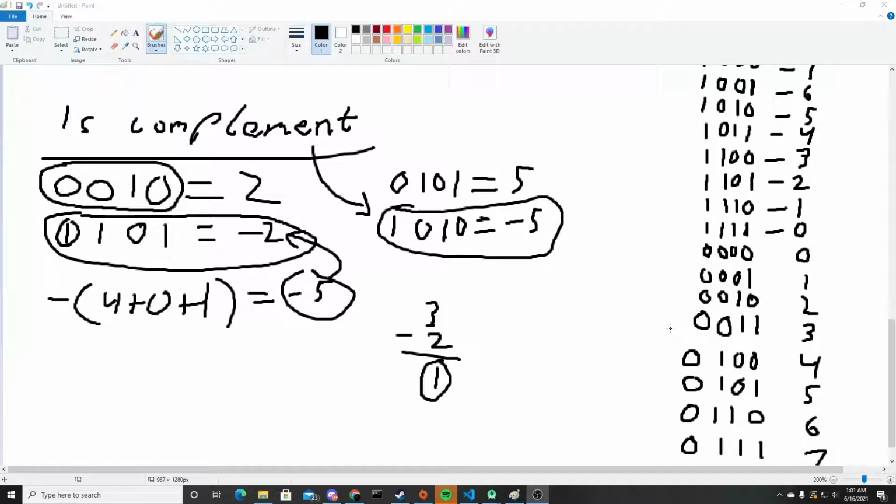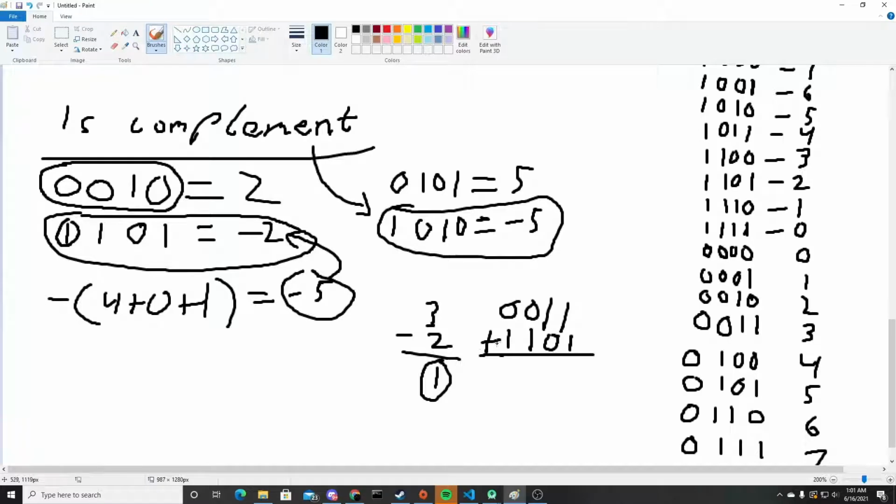We have our +3, which would be 0, 0, 1, 1, which I am getting from here. That's just 3 in binary. And then we're going to be adding basically a -2. So we would have our -2, 1, 1, 0, 1.